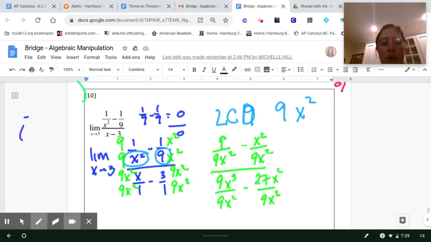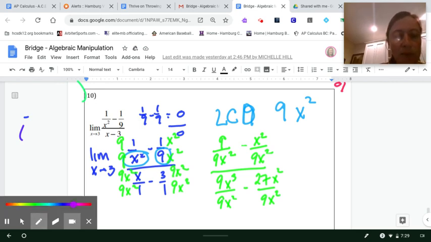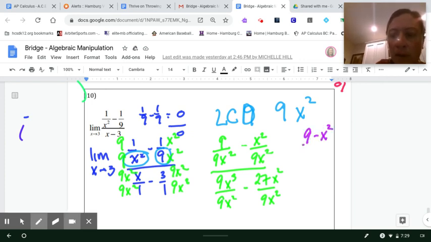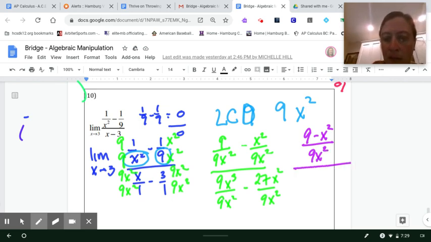So why did I make them all the same? Well, now I can add those fractions together. Once we have like denominators, we can add them together. So now I have 9 minus x squared all over 9x squared, divided by 9x cubed minus 27x squared all over 9x squared.